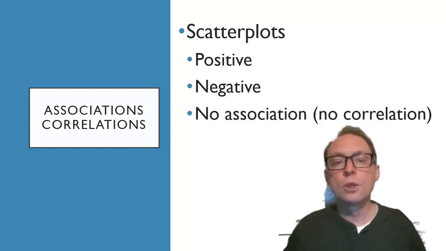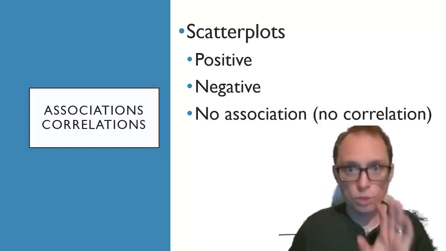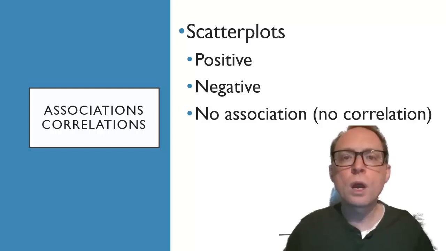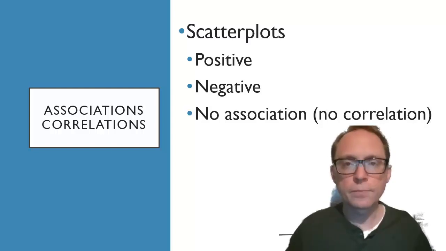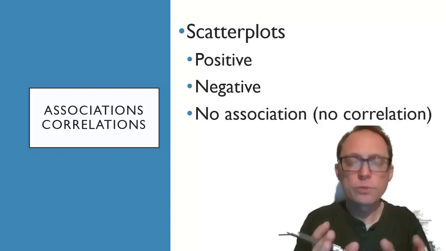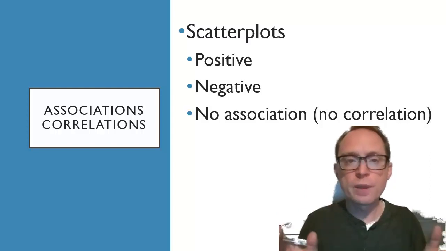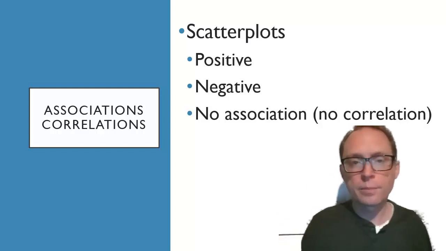One more thing that we need to talk about with associations. Remember, this is correlational designs. When we do an association study, a correlational study, we show the relationship between the two variables using a scatter plot. You should remember, you've seen scatter plots in the past.